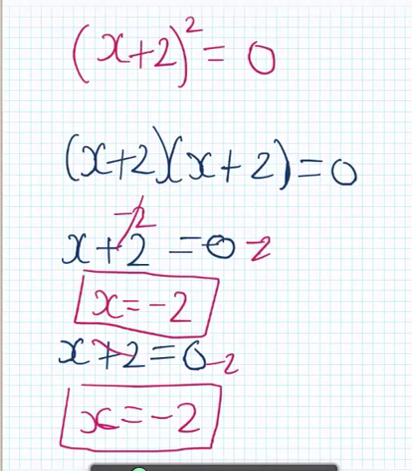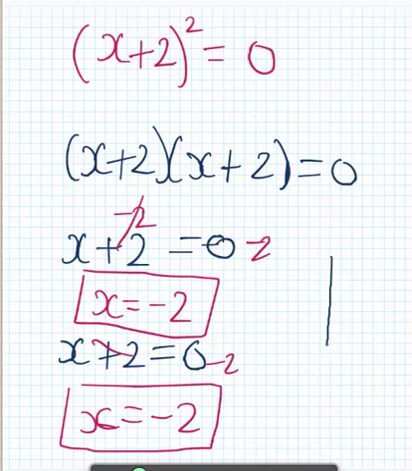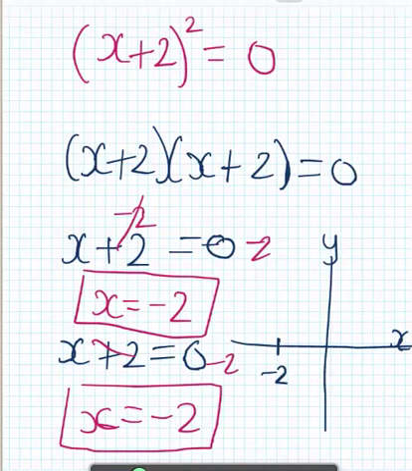And to understand why we get this, when we learn how to draw parabolas, so I'll quickly just draw one to show you so you have an idea. Okay, there's y and x. If x is equal to -2, just say -2 was here. And once again, x is also equal to -2, so the same point.